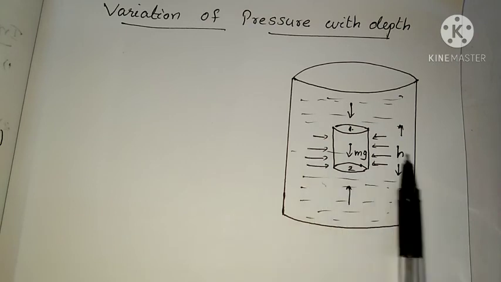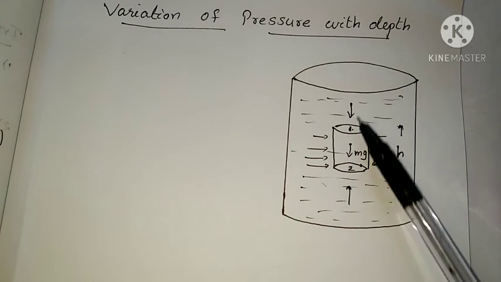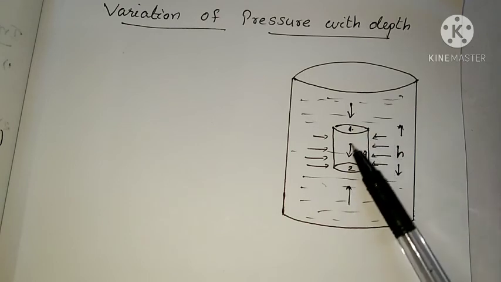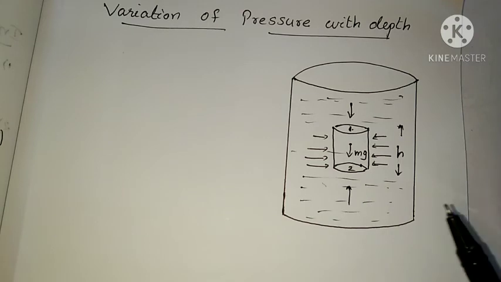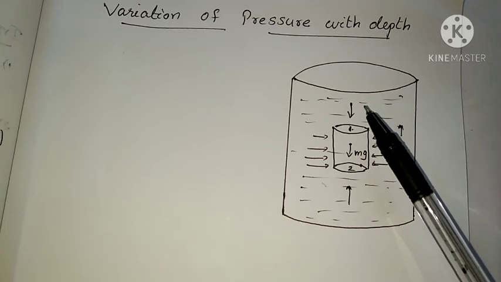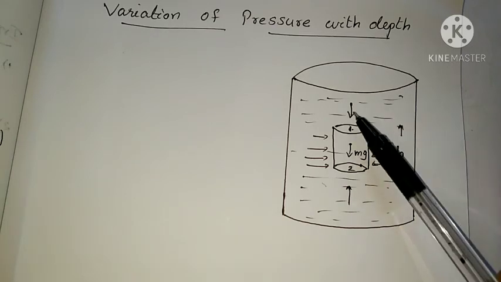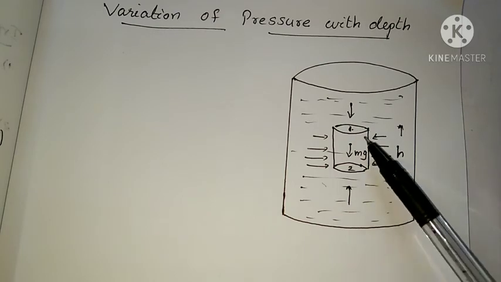The horizontal forces should be 0 and the resultant vertical forces should balance the weight of the element. The forces acting in the vertical direction are due to the fluid pressure at the top acting downward.